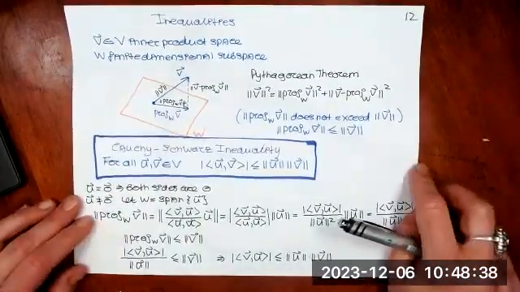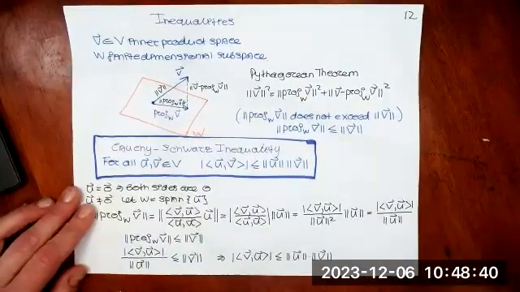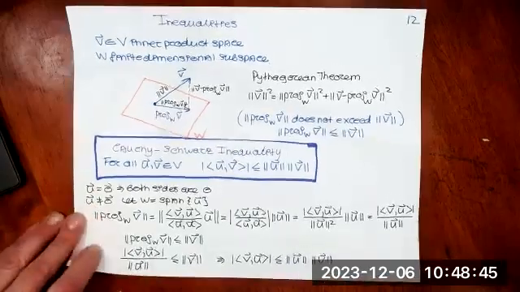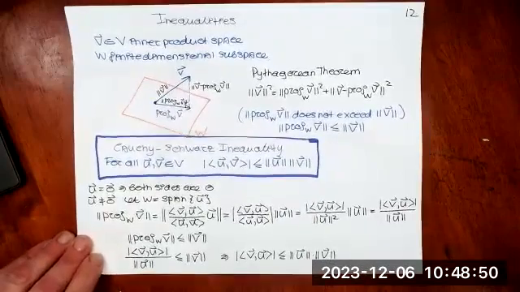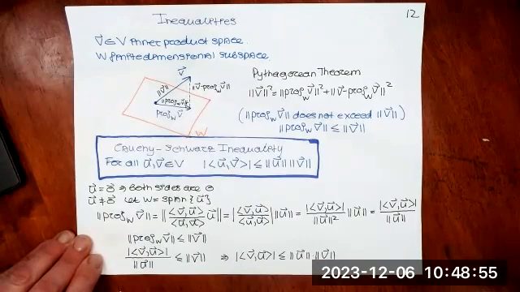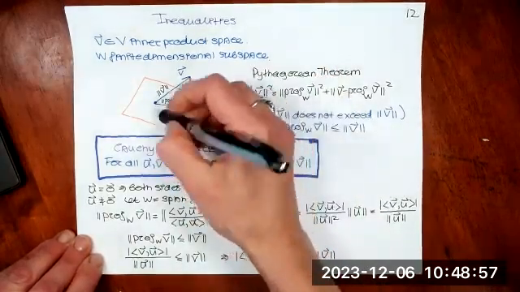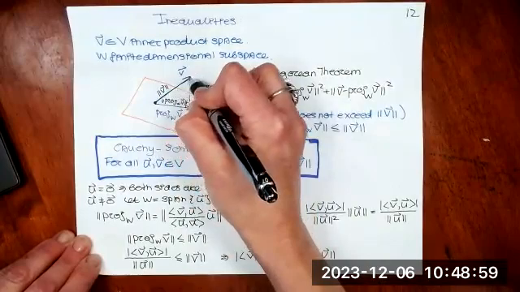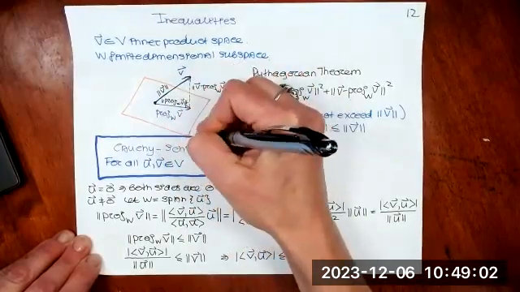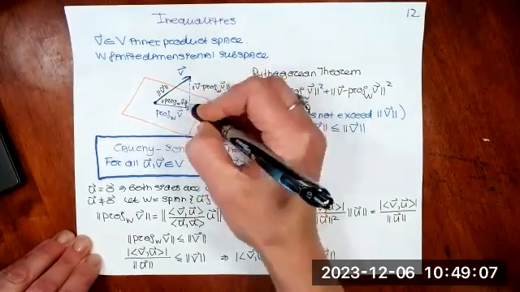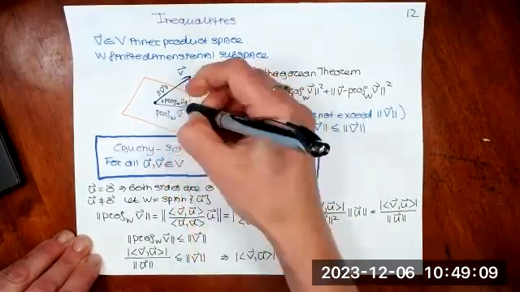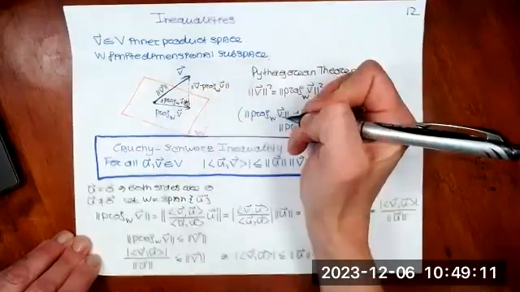So the Cauchy-Schwarz inequality, again, we're dealing with inner product spaces, so vector spaces that are equipped with an inner product. If I have some finite dimensional subspace W of the inner product space, and remember when we did projections, if I have a vector V and a subspace W, and I take a projection of V onto W, this would be this vector here, going at the right angle.